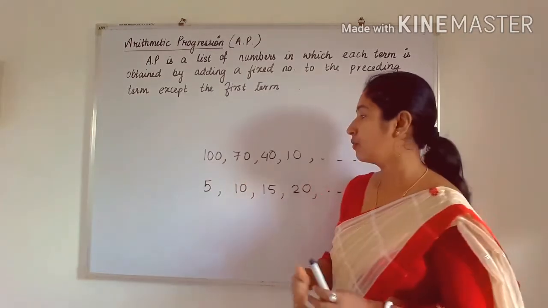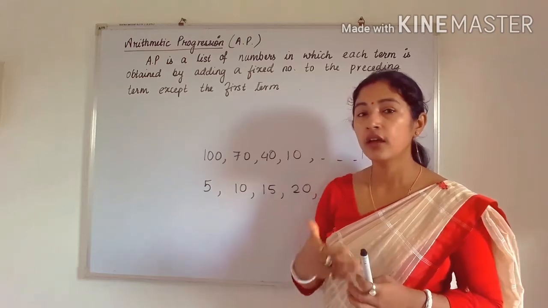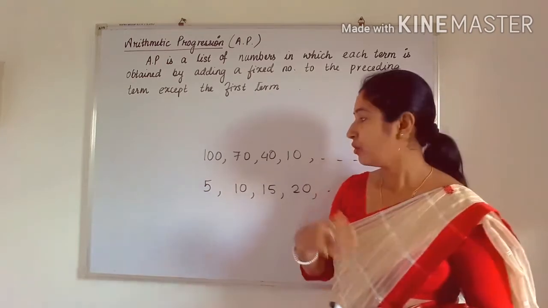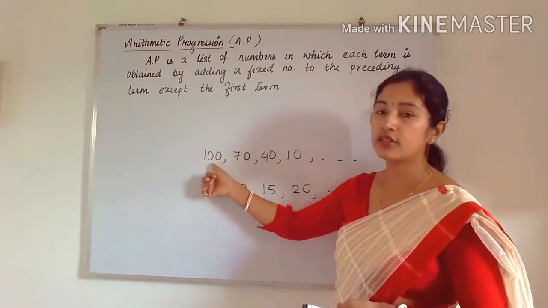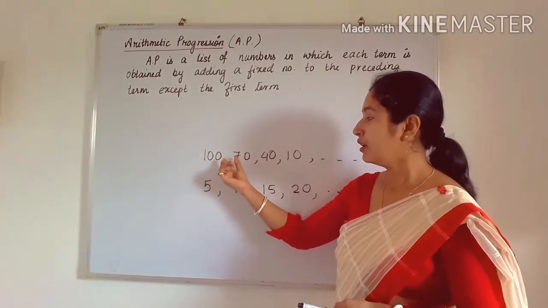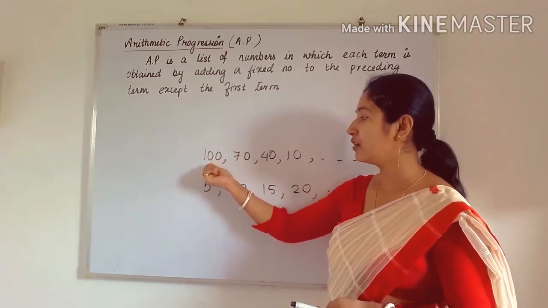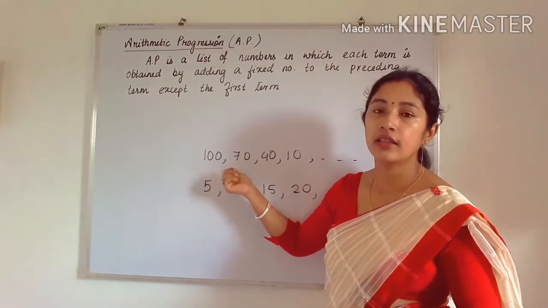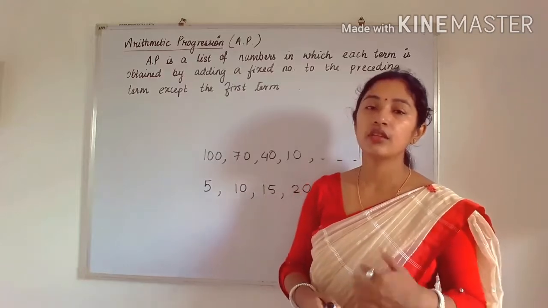We get the next term using the previous term. Like 70, how are we getting 70? Using the first term, there is some number that we have to subtract from 100, then we will get the next term.